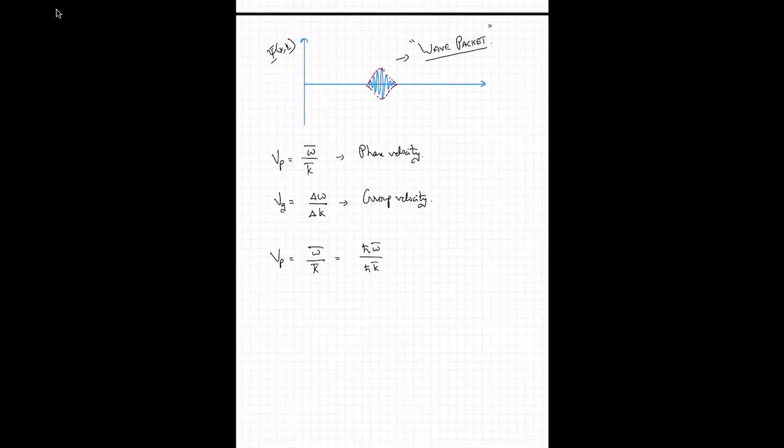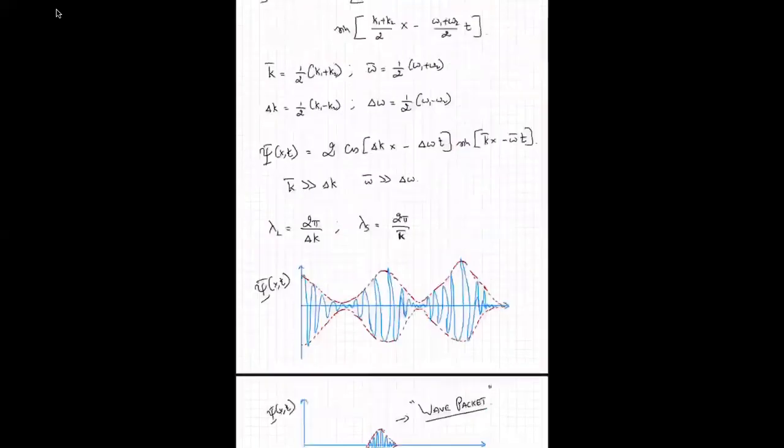So I can write this as E over P, right? Now what is E? E is 1/2 mv square classically, and P is mv. So obviously this is v over 2. So again, we get the same v over 2 we got in our original solution to the Schrodinger equation, right?